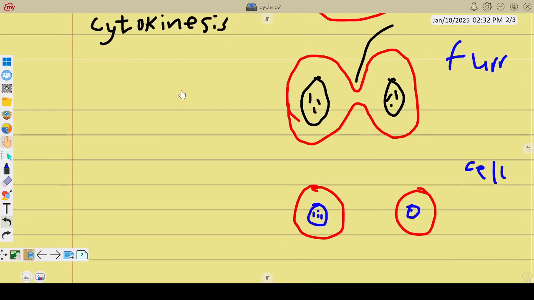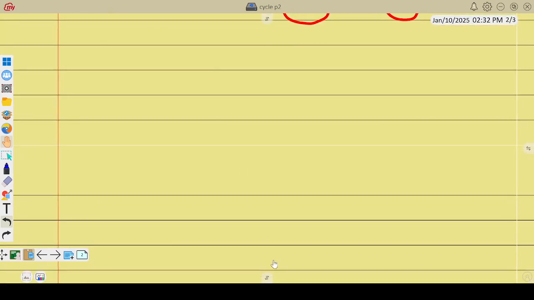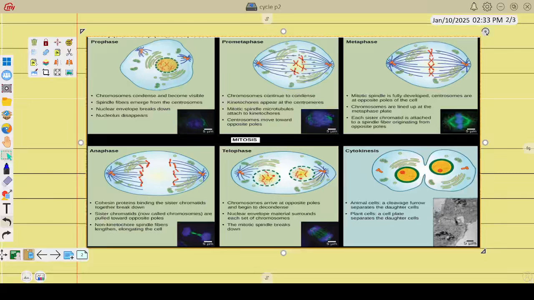Okay, so let me show you the summary and then we call it a day. So this is mitosis in summary. You can screenshot this and use it for your revision and studying. You might be asked to explain all these, so you should be able to draw and explain.